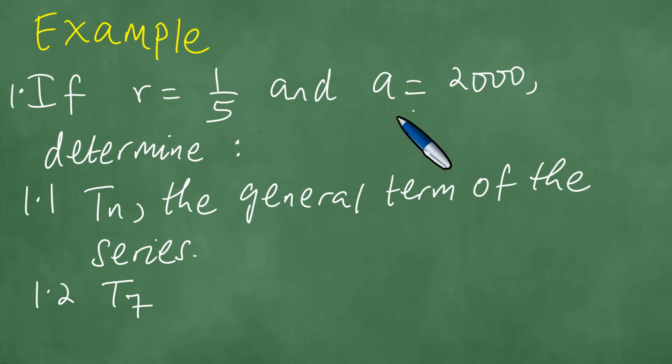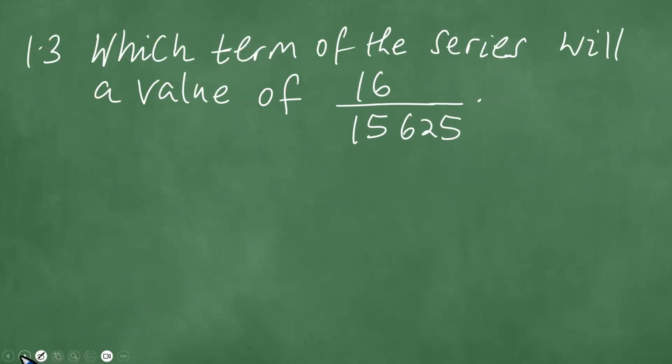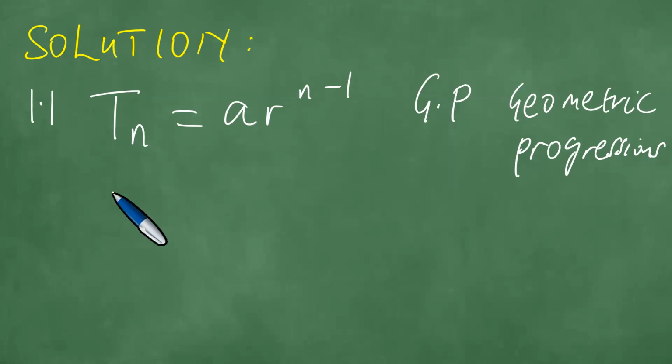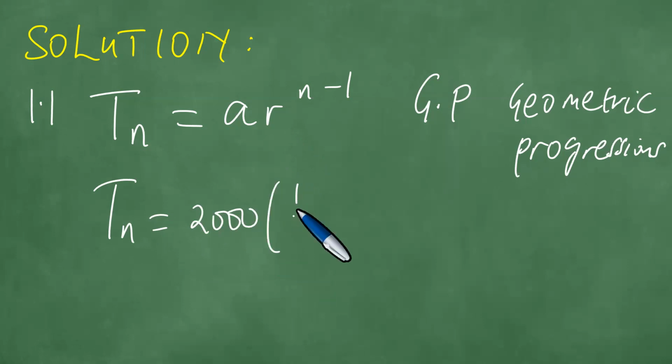But now we have the first term is 2000, and the constant ratio is 1/5. So in the place of a, we put 2000. In the place of r, we put 1/5, and we have n minus 1. That is the answer, because we just substitute.